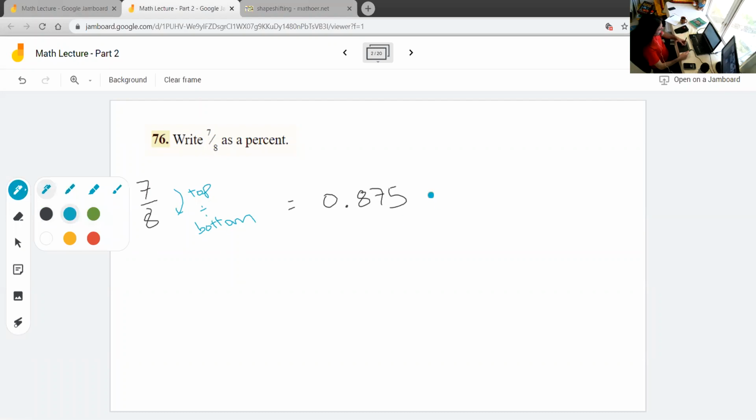Then we riplop. Right, because we're going into percent. And that's all there is to it.